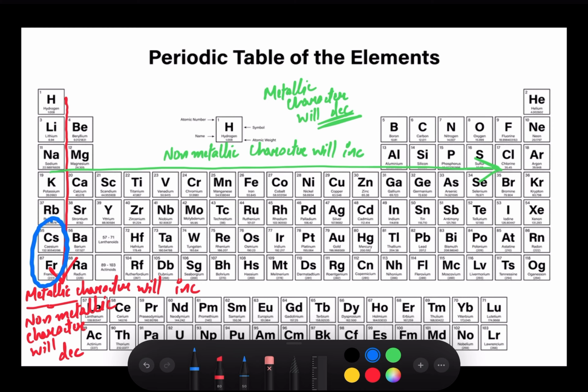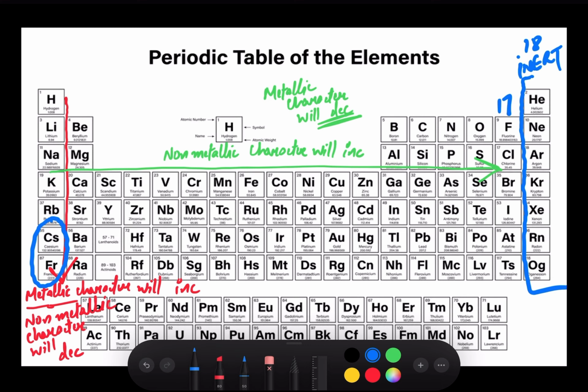and on the other hand, when we are discussing the metallic and non-metallic character across the period, we are discussing that up to group number 17 only, because group number 18 is inert. The group number 18 is the inert elements group. So we will not consider group number 18 in the metallic and non-metallic properties.